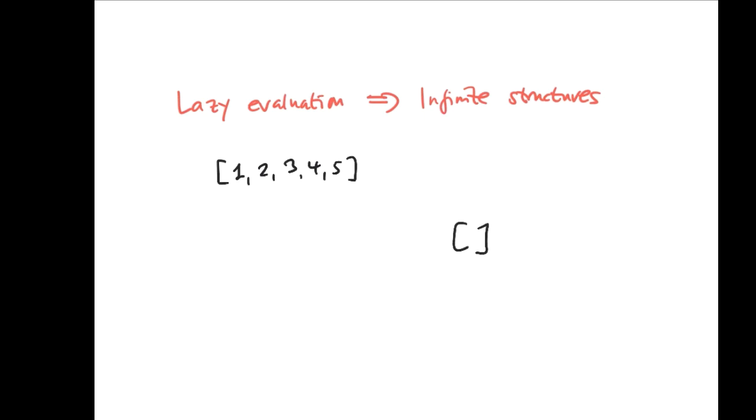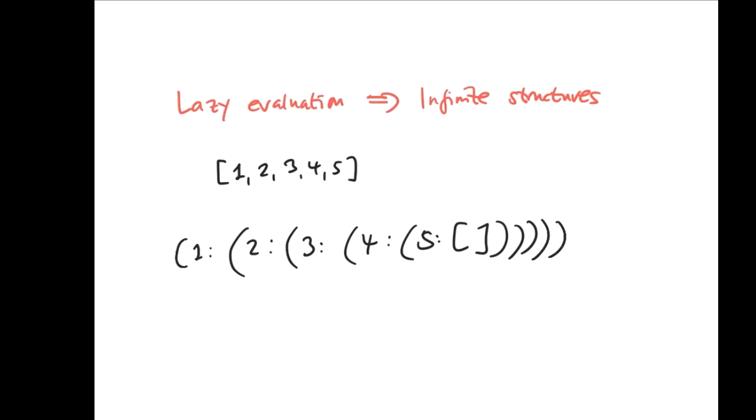Now let's discover how we can use lazy evaluation to define infinite structures, because that's possible in Haskell, and this is really quite surprising perhaps, but it's very useful. Remember that the list notation is really just a shorthand. When we write, say, 1, 2, 3, 4, 5, that's really just a shorthand for saying, let's take the empty list and then cons 5 onto that, and then we'll cons 4 onto that, and we'll cons 3 onto that, and we'll cons 2 onto that, and we'll cons 1 onto that.